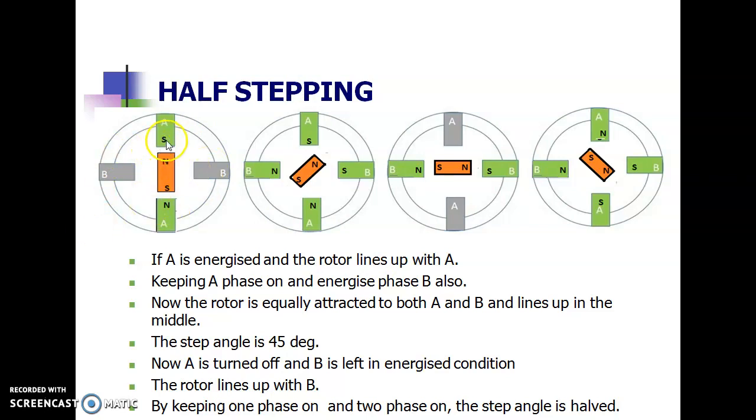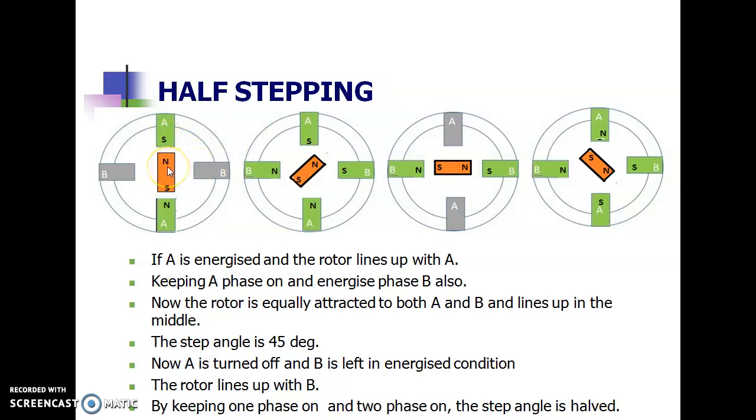First we are energizing A, and the rotor lines up with A. You can see here, this is the south pole, this is the north pole, and it lines up with A. Now, keeping phase A on, we are going to energize the next pole also, that is B. So A is in the energized condition, and B is also in the energized condition.